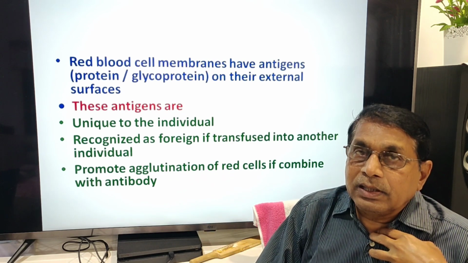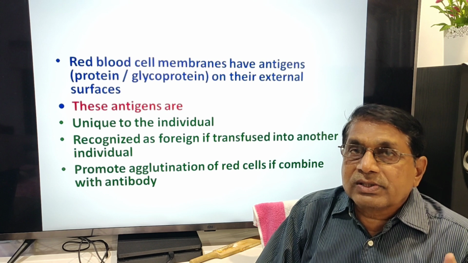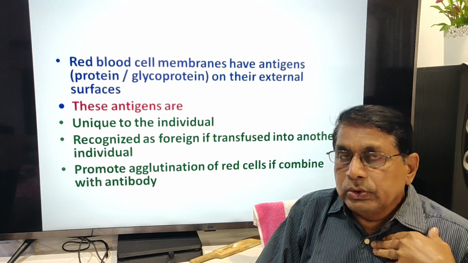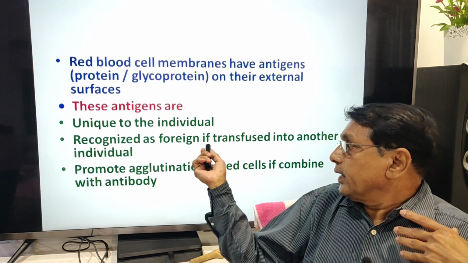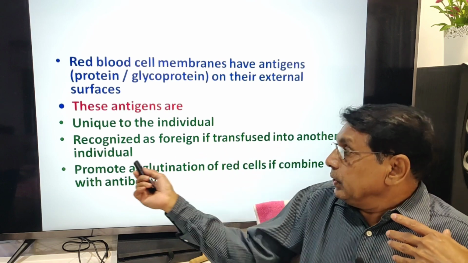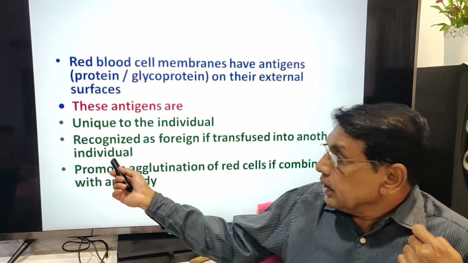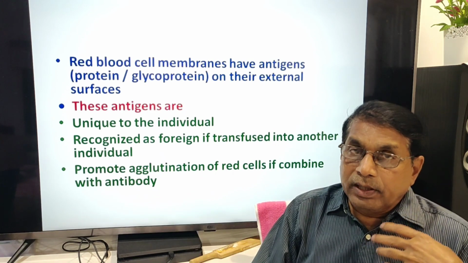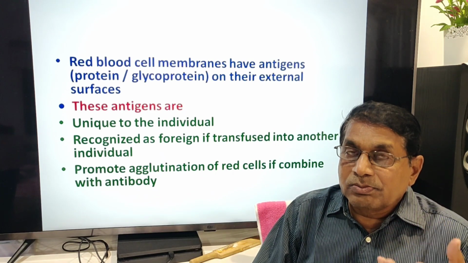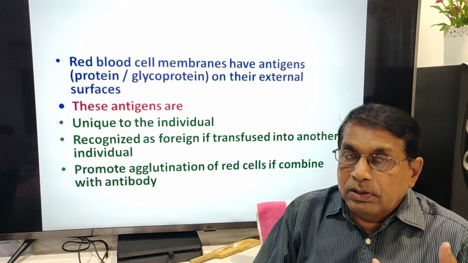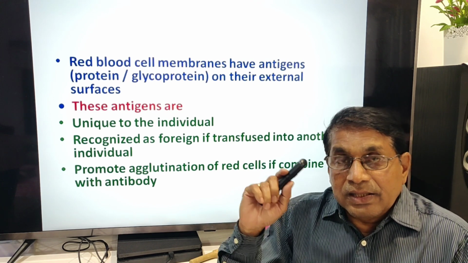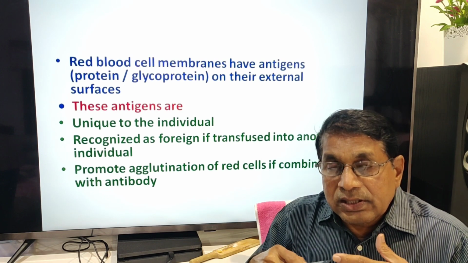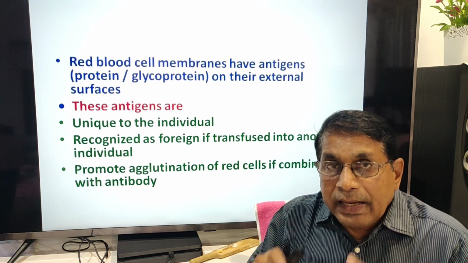If my blood contains A antigens on the surface of the RBC, that is unique to me. Recognized as foreign if transfused into another individual. If my blood group is A and it is transferred to another person, the other person recognizes these antigens as A.